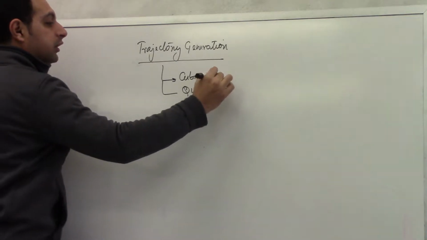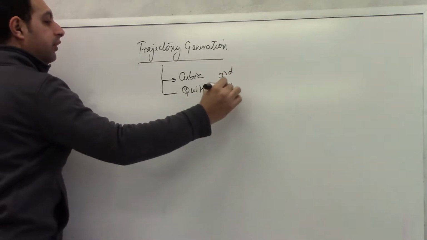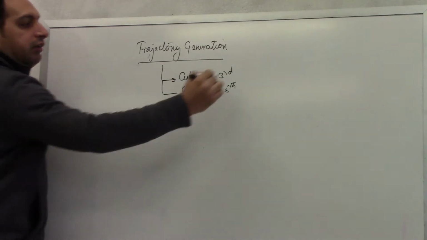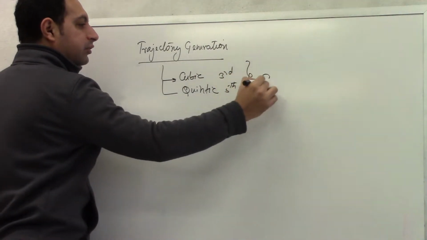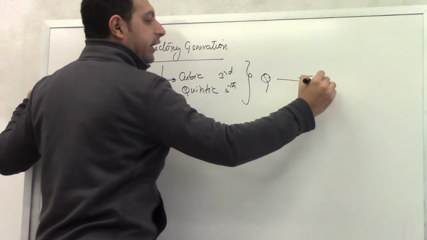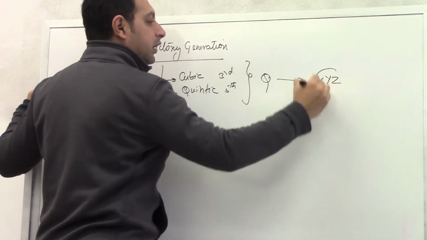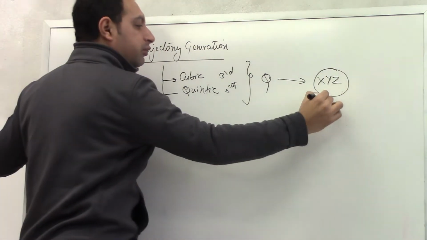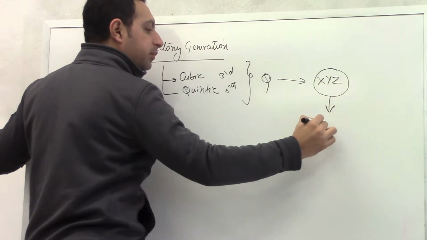This is a 3rd degree polynomial, this is a 5th degree polynomial. So this will generate an array of Q values that you can give to the manipulator, and then you will get X, Y, Z. So what we'll do is we'll try to plot this to see how the manipulator moves.